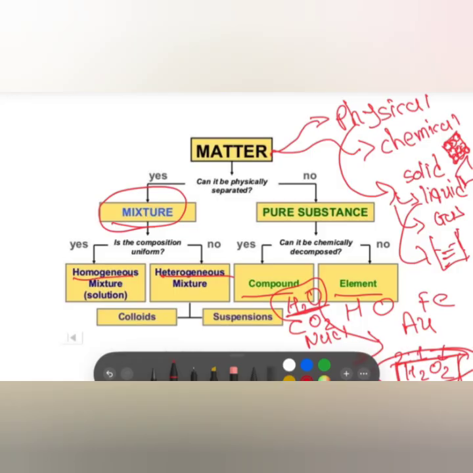Okay, physical and chemical properties. Physical properties are those that can be observed without changing the substance, like color, density, melting point, boiling point.